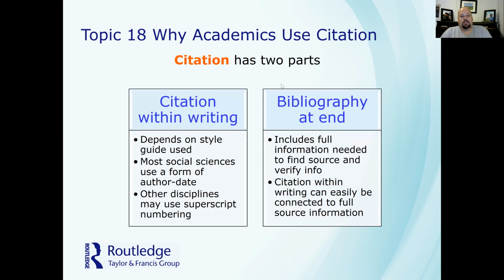Citations have two parts. Citation within the writing. So this is whenever you cite an author within the article, right? Actually, let me stop. We'll look at that here in a second. So citation within the writing, like Klippenstein et al.